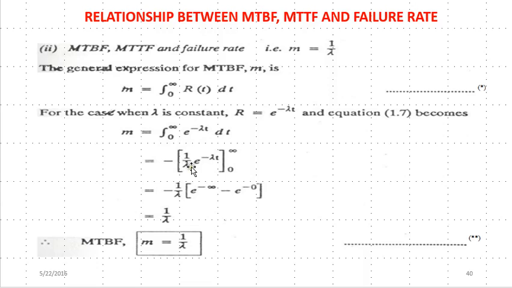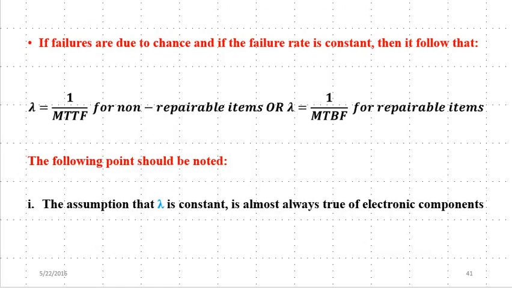Now, if I substitute my limit from 0 to infinity, you will see that I have something like this. This will be equal to 0 and this will be equal to 1. Simplifying this will give me 1 over lambda. Just to prove that mean time between failure is equal to 1 over failure rate. And it is also called the mean time to failure for the components that are not repairable.